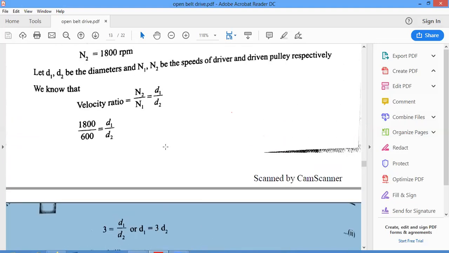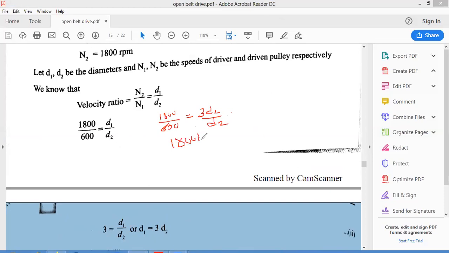Now substituting, what have we got? 1800 by 600 is equal to d1, which is how much? 3 times d2, and d2 here, so it will be 1800 times d2. Both are the same. Through this we can find it here.